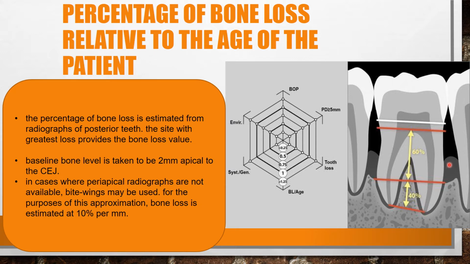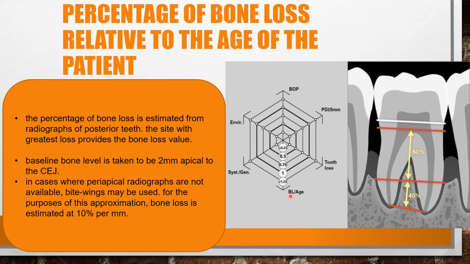The baseline bone level is taken from 2 mm apical to the CEJ, so it is counted from this level. One mm is considered as 10 percent, so bone loss is estimated at 10 percent per mm. For example, if it goes from here to this level, that means 60 percent bone loss for this tooth.